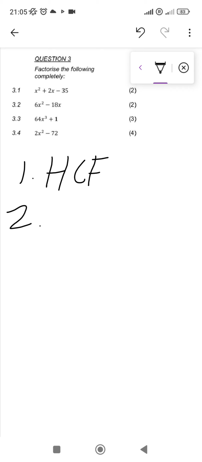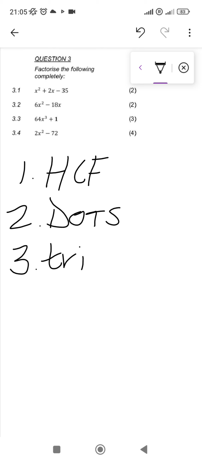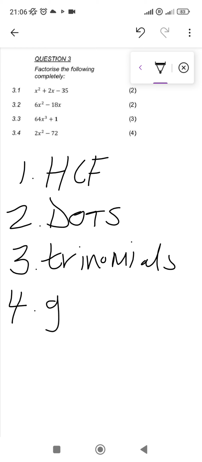The second one we normally do is the difference of two squares, right? We'll discuss what all of that means. The third one is normally our trinomials, right? Basic and advanced, and we'll talk about what that means as well. And then the fourth one we normally do is our grouping, right?